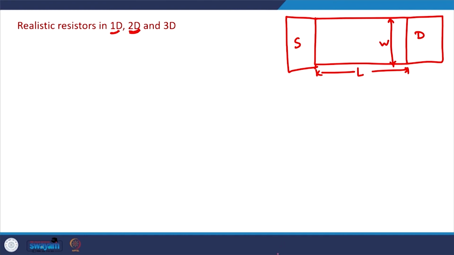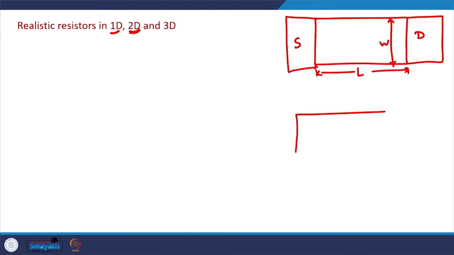And we assumed that in this 2D channel, the third dimension is not there, or is negligible. But in a real 2D device, it may have significant extent in two directions, significant length and width, but practically all 2D materials also have a finite thickness.